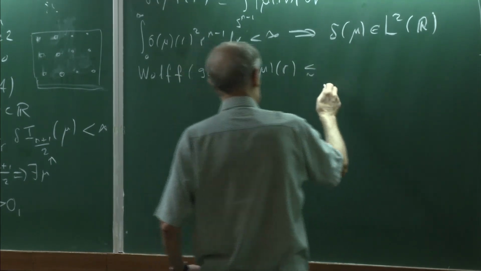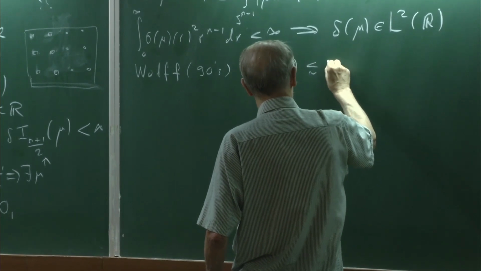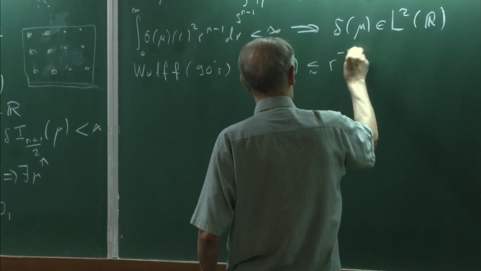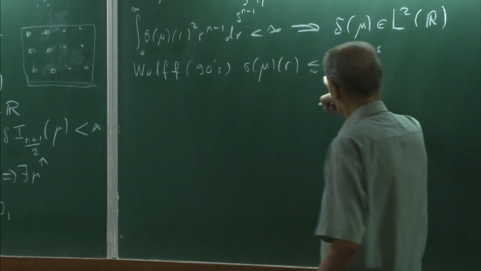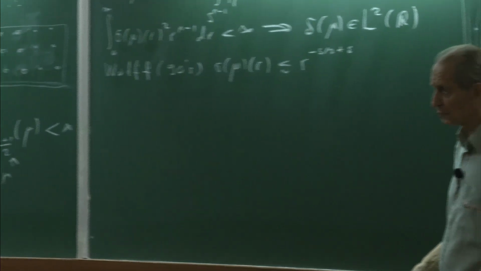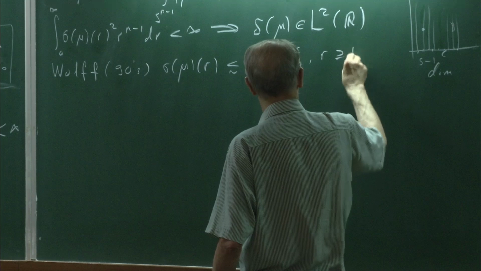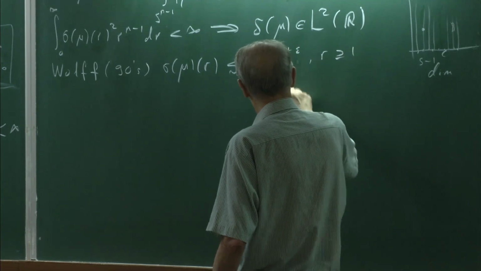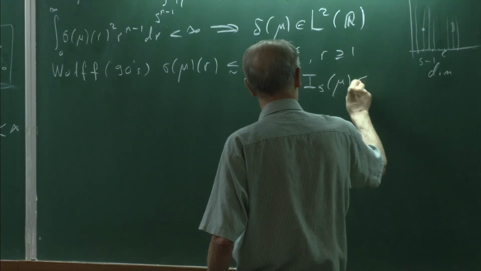So this is less than or equal to r to the power minus s/2 plus epsilon, arbitrarily small epsilon, but then the implicit constant depends on epsilon. And you only need such an estimate for r bigger than or equal to 1 if the s-energy of mu is finite.